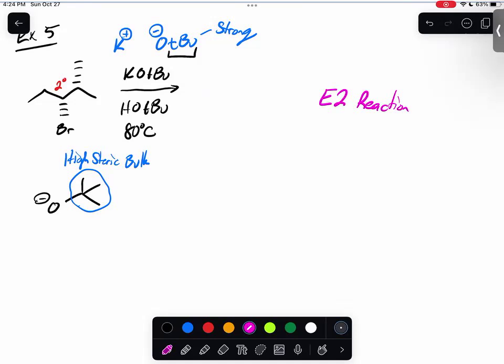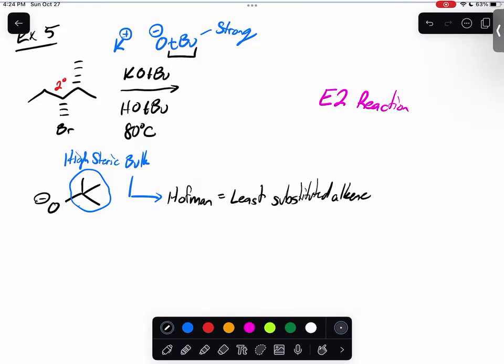So we know that it's E2, which means now we need to do the things that we did last time, where we need to first determine is it Zaitsev or Hofmann, right? So knowing that this has high steric bulk, that immediately leads us to believe that it is going to be Hofmann, right? And as a reminder, Hofmann is going to form the least stable or least substituted alkene.